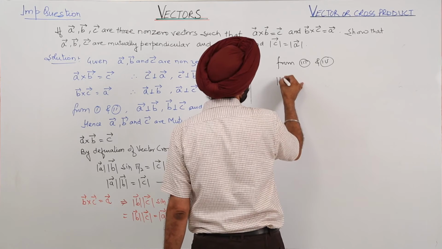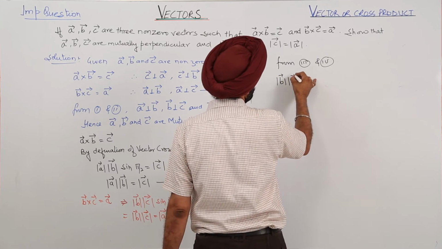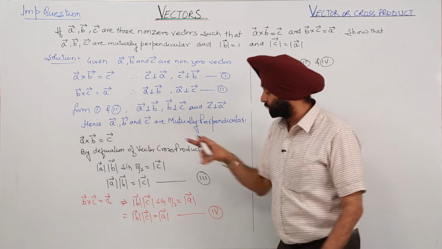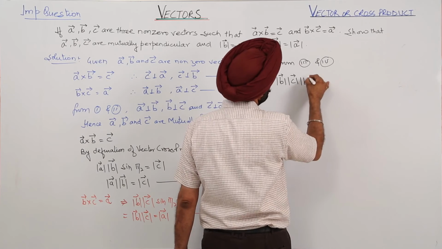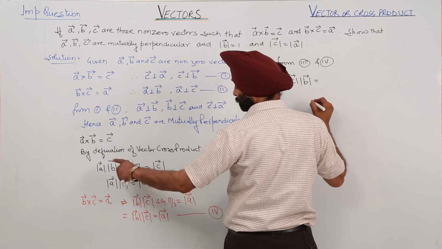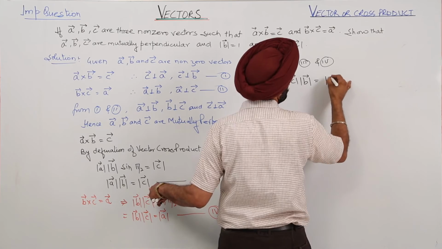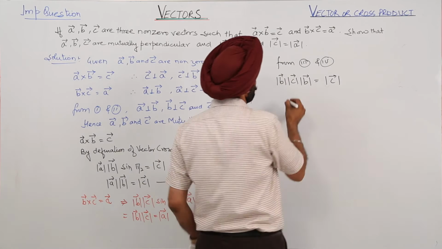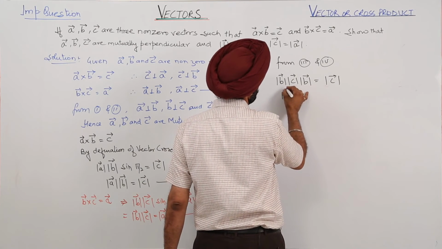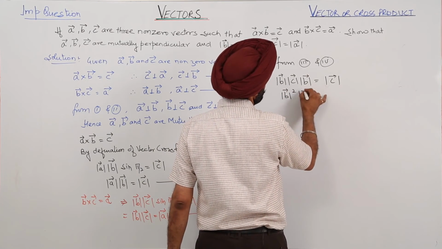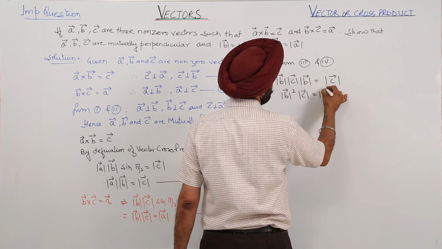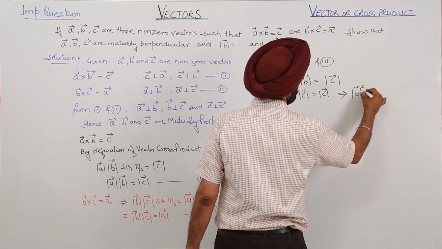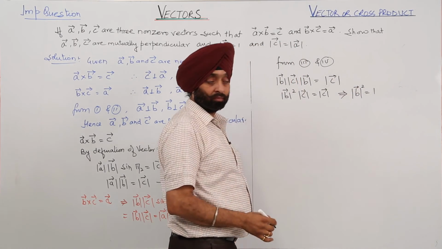Magnitude of vector B, magnitude of vector C, for magnitude of vector A here, and magnitude of vector B, magnitude of vector B is equal to magnitude of vector C. This is from third and fourth. Okay. Now this becomes magnitude of vector C is equal to magnitude of vector C, and this implies magnitude of B squared is equal to 1.